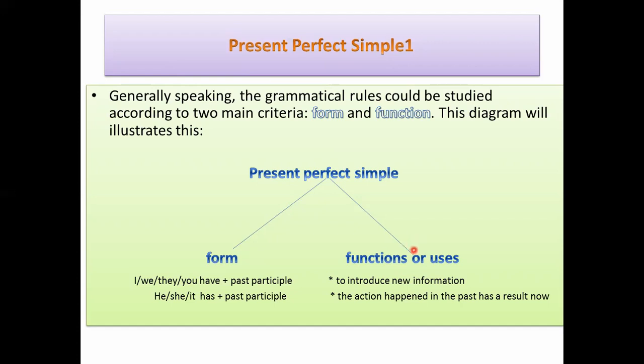So for example, the present perfect tense is used to introduce new information, or when an action that happened in the past has a result now. So there is a connection between the past and the present. In this case, we use the present perfect.